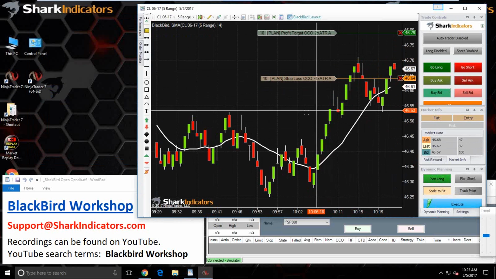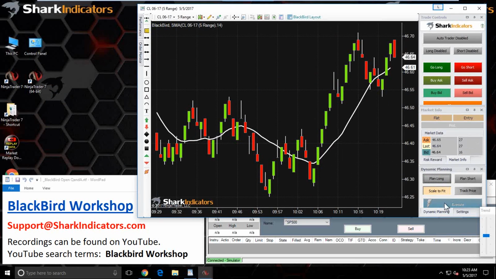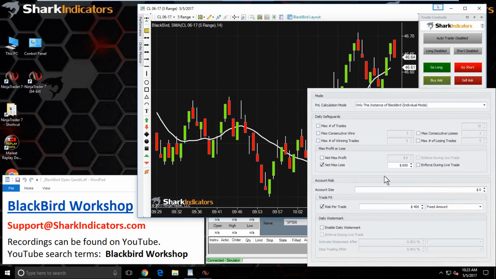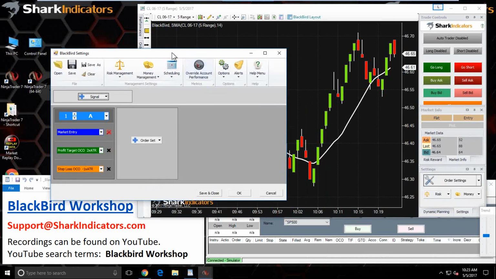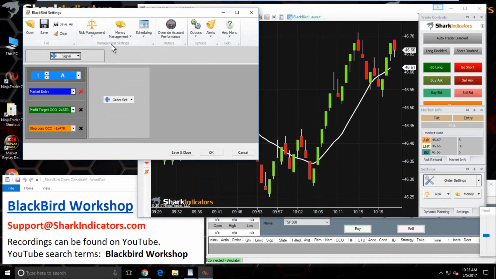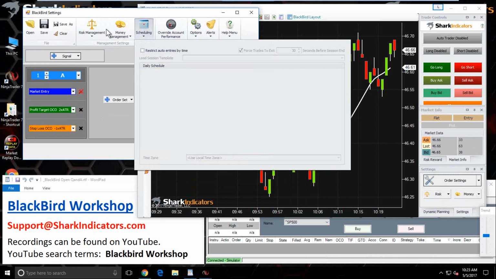So if you're doing your own discretionary trading, remember there are little quick buttons here to get to your money management and risk management. But in general, these management settings, even the scheduling, don't apply to discretionary trading.